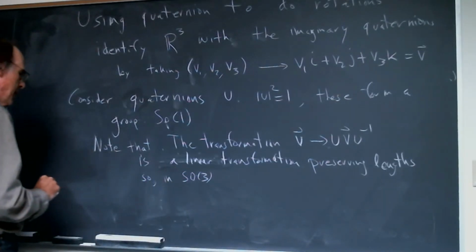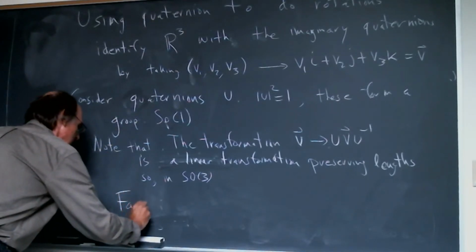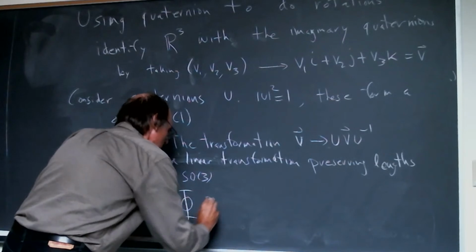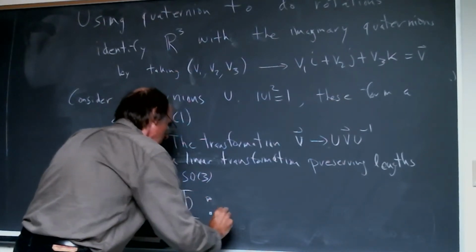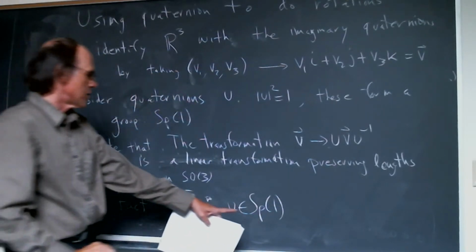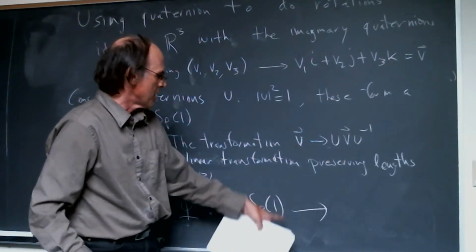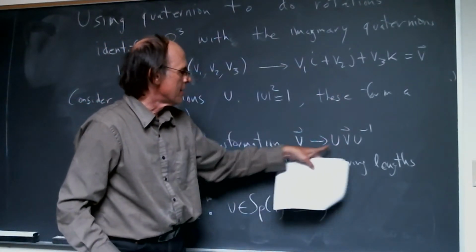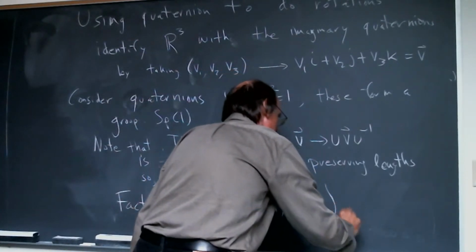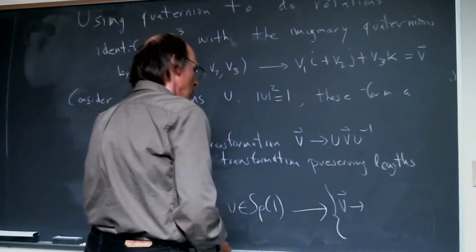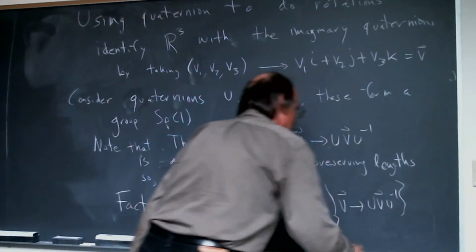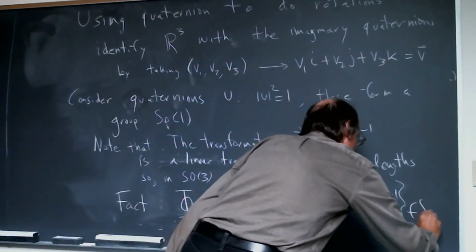This gives you a basic, kind of mysterious fact: if you take the map phi, which takes a unit quaternion U in Sp1 and changes it to this linear transformation, which lies in SO3, it is the map that takes a vector V to U V U inverse. This is an element of SO3.